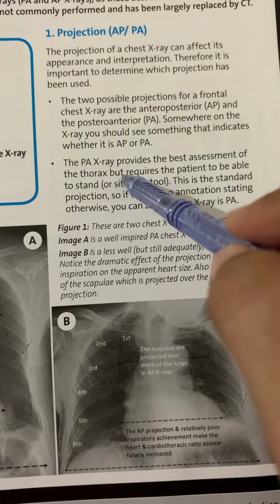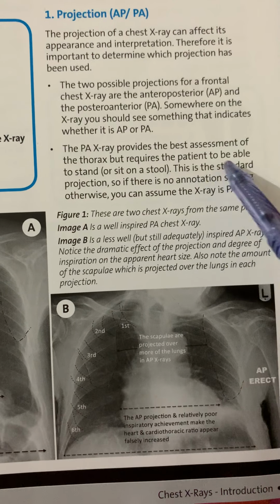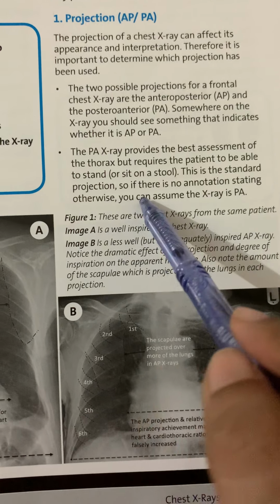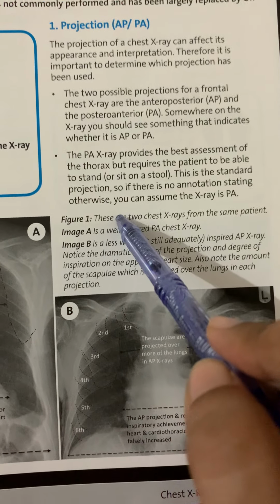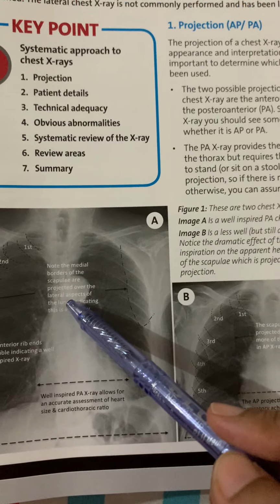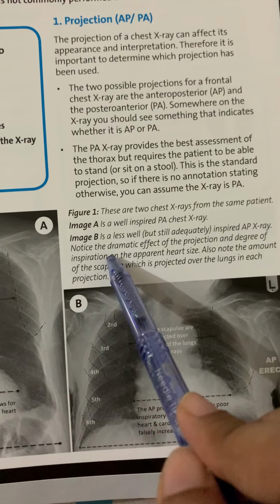The PA X-ray provides the best assessment of the thorax but requires the patient to be able to stand or sit on a stool. This is the standard projection, so if there is no annotation stating otherwise, you can assume the X-ray is PA. In figure 1, there are two chest X-rays from the same patient.